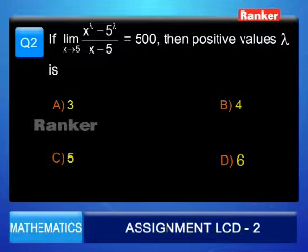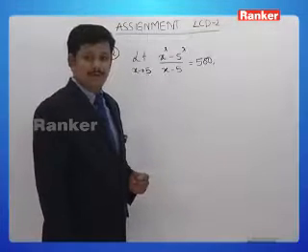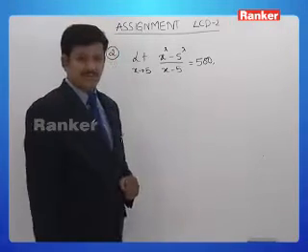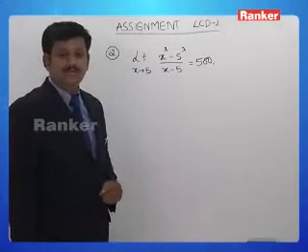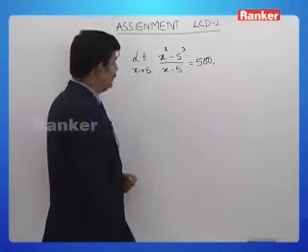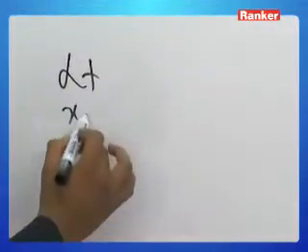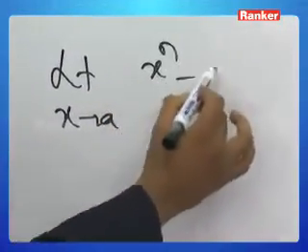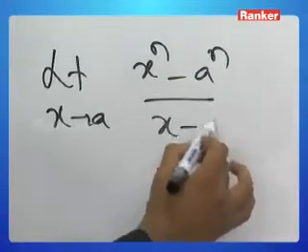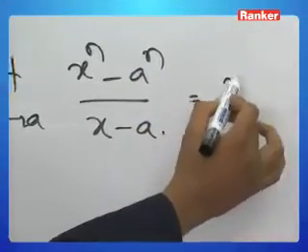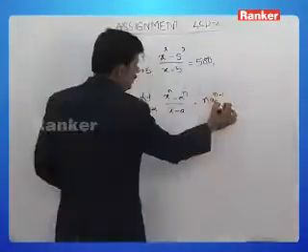We have to find the positive values of lambda. Now, this question is in a standard format of limit x tending to a, x power n minus a power n divided by x minus a, and we all know the answer, it will be n a power n minus 1.